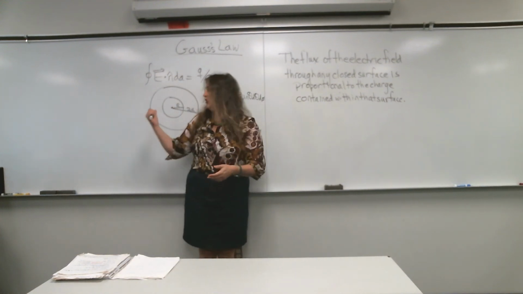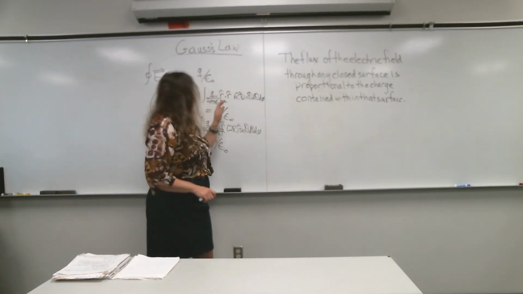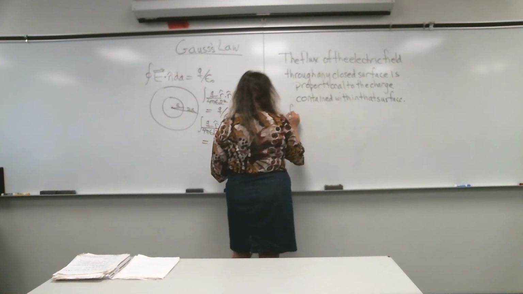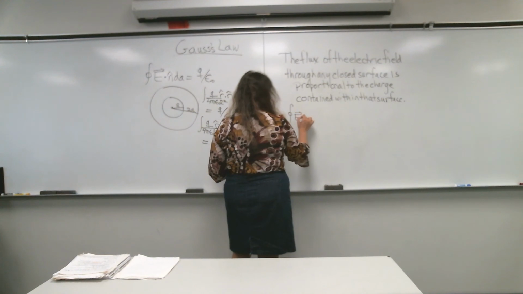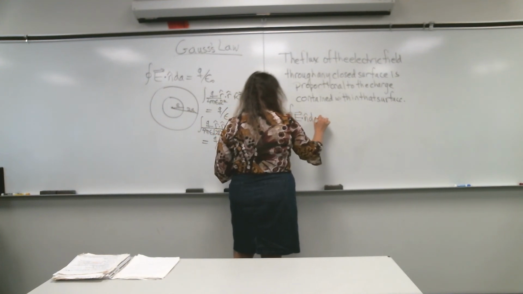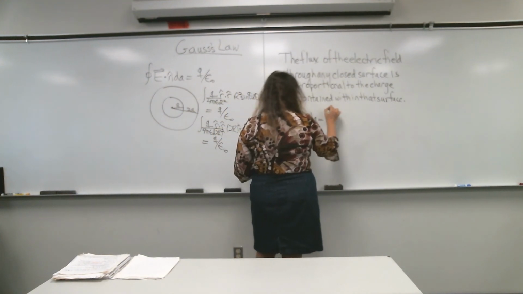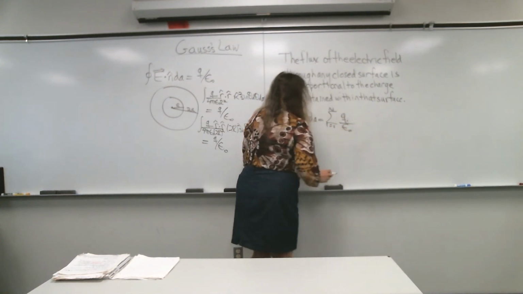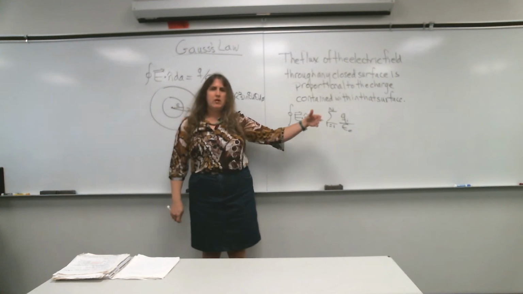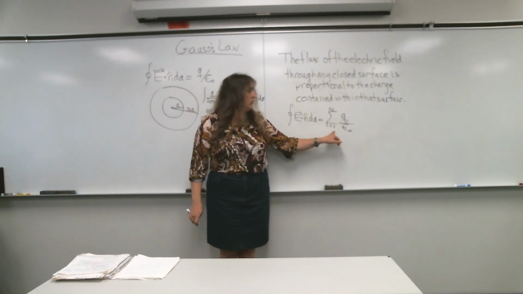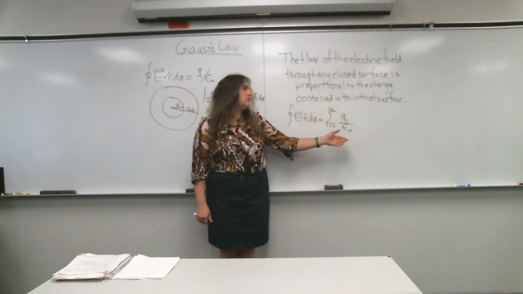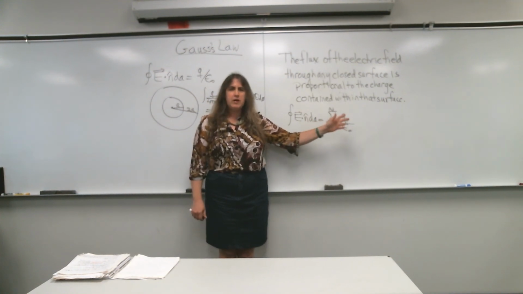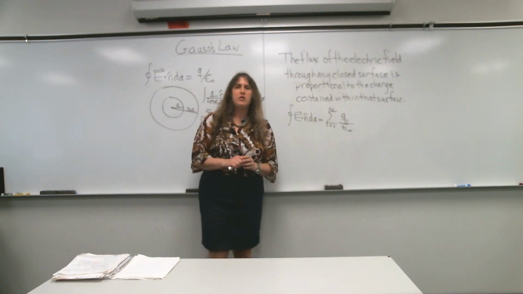If I stick another charge inside of here, then my electric flux will now look like a summation. So if I don't just have one charge, but a whole collection of charges, if I have n charges, for instance, I just sum up all those Q i's divided by epsilon naught, and that gives me the flux.